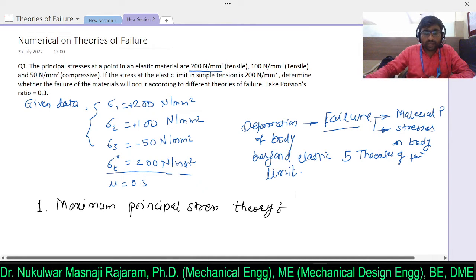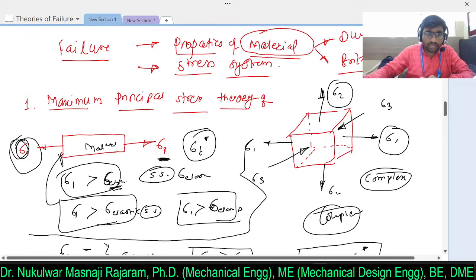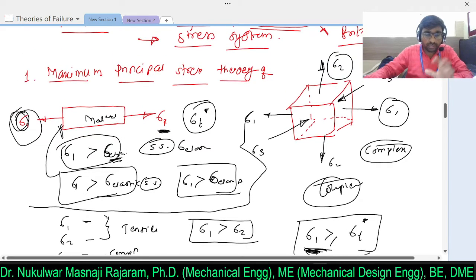Here we have considered some assumptions, that is, sigma 1 is greater than sigma 2. In this problem statement, is sigma 1 greater than sigma 2? Yes, sigma 1 is greater than sigma 2. And here we have considered sigma 3 as compressive. While explaining, I already informed you that sigma 1 is greater than sigma 2.